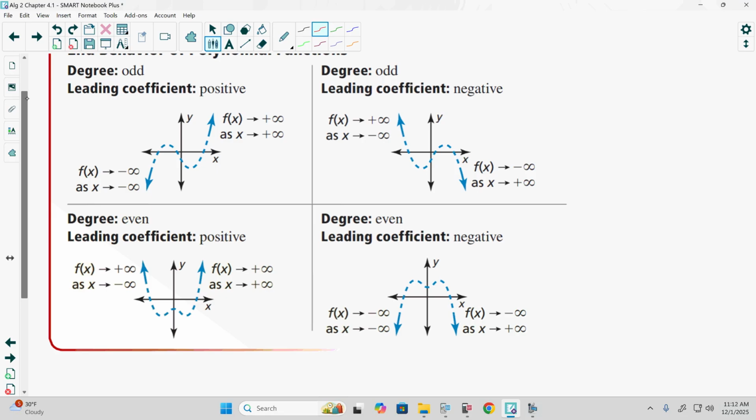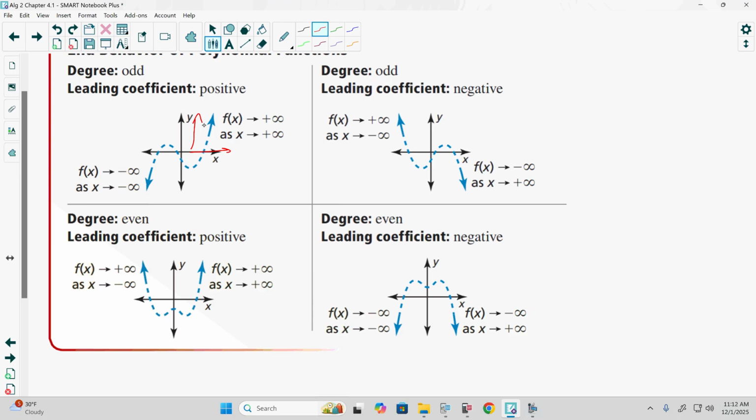And f of x is going to approach negative infinity as x approaches negative infinity. So if the degree is odd and the leading coefficient is positive, that says as we plug bigger and bigger values of x in, the function is going to continue to go up. Doesn't matter what the degree is or what the leading coefficient is if the degree is odd.